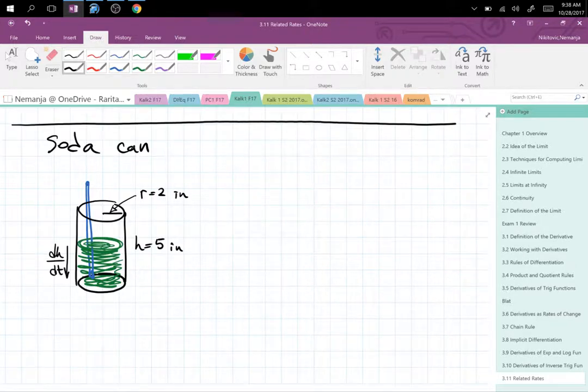Now, as you drink, what mathematical concept are you taking away? Volume. So now I should Google how much is one can. 33 centiliters? Okay.